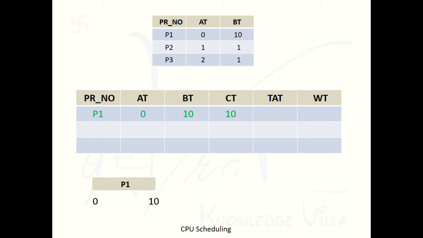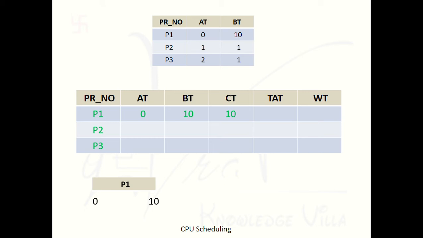Now, during the execution of P1, two processes P2 and P3 arrive at time unit 1 and time unit 2. But we can't stop P1, because SJF is working in non-preemptive mode. So we first have to wait for the execution of P1, then we can start P2 and P3.